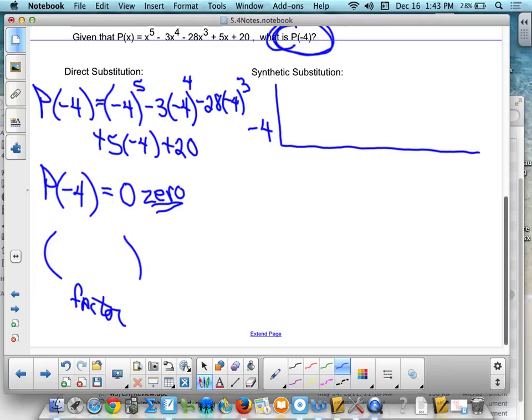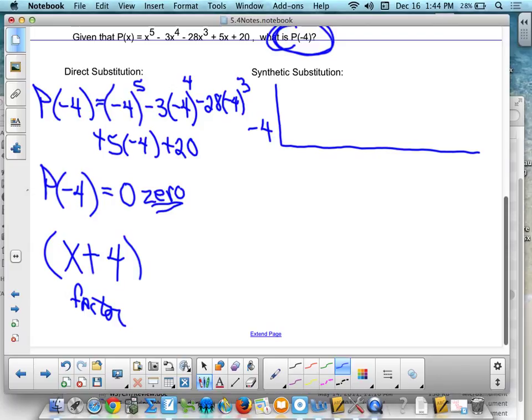What's the factor that we know for sure is in that polynomial? Is it x minus 4? Is that the factor? If -4 creates a 0, where did this come from? This factor? No. That factor.